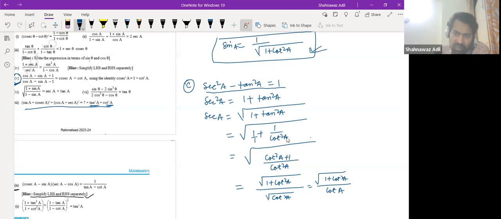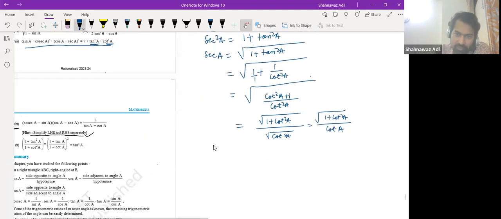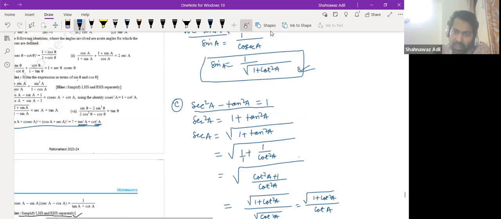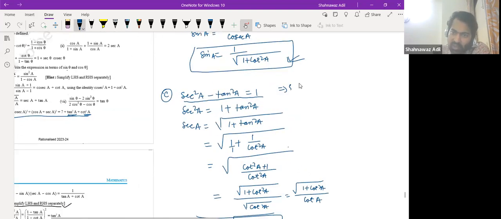Is this clear? So you are saying that we directly write sec square A minus 1 by cot square A. Yes, we can do that also, and we will get the same result.